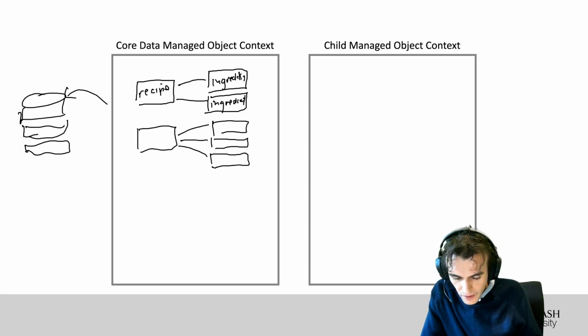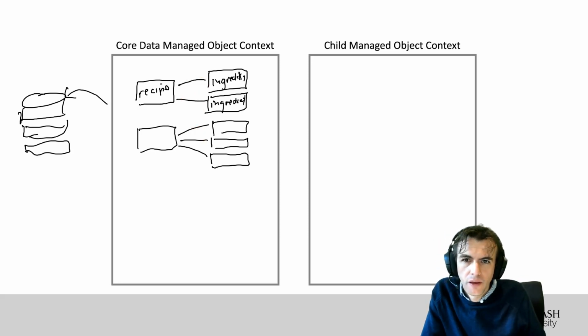We create new recipes by creating new instances of our recipe NSManagedObject subclasses, and we do the same thing for our ingredient measurements, and they have methods that allow us to build these connections between things.